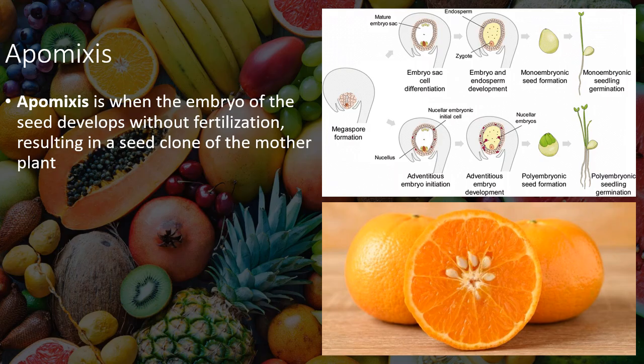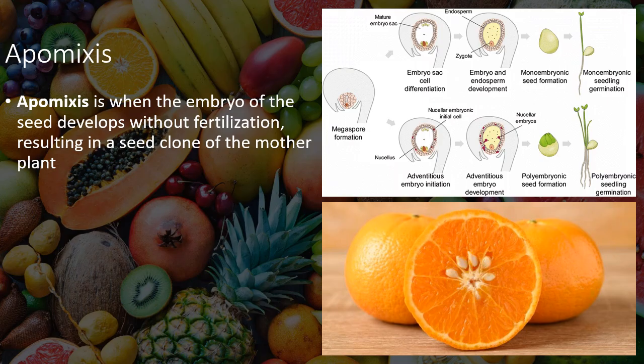Or in the bottom half of this diagram, the other route a plant can take is it can actually make vegetative embryos out of purely maternal tissue, out of this little sac that contains the ovule. And those embryos, because they developed from the mother's cells without any pollination or fertilization, they will be clones of the mother plant. This is something that happens really commonly with citrus.